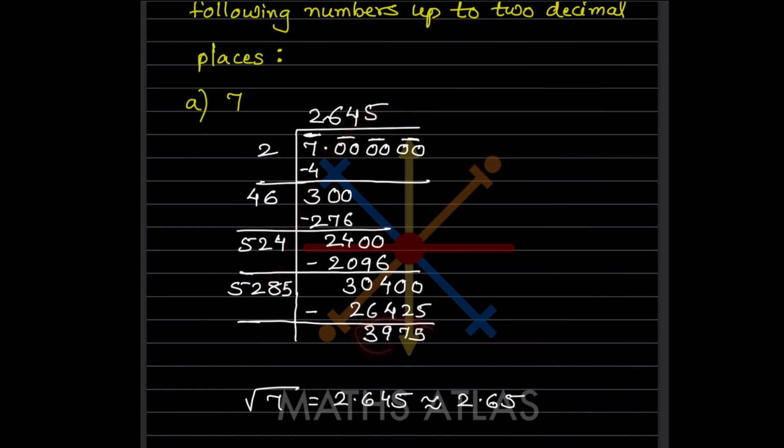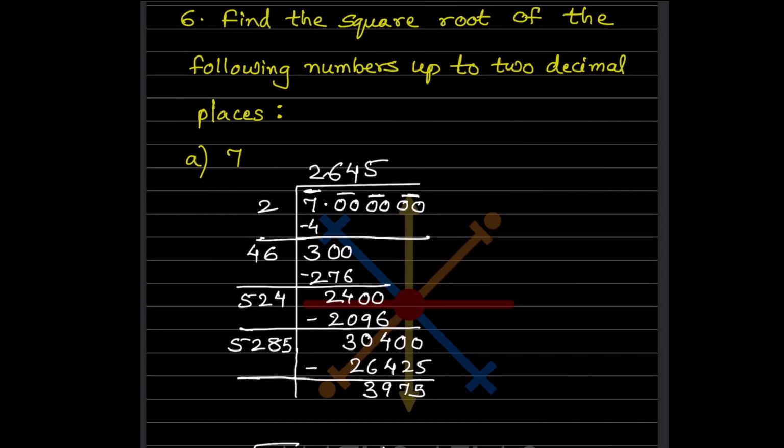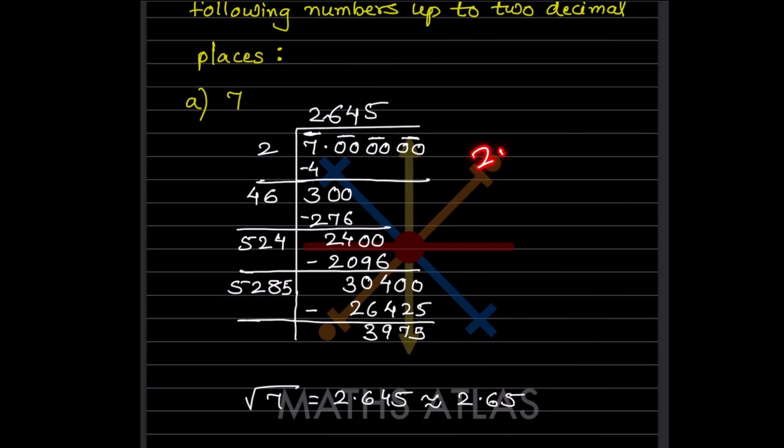So now we just want this one up to 2 decimals. So we are going to look for these three numbers. Means we can put 1, 2, 3, 1, 2, 3. These are the three groups, right? So here we can put a decimal over here after 1, 2, 3. But now what you can see is that whatever this is, it will be an approximate number, 2.645.